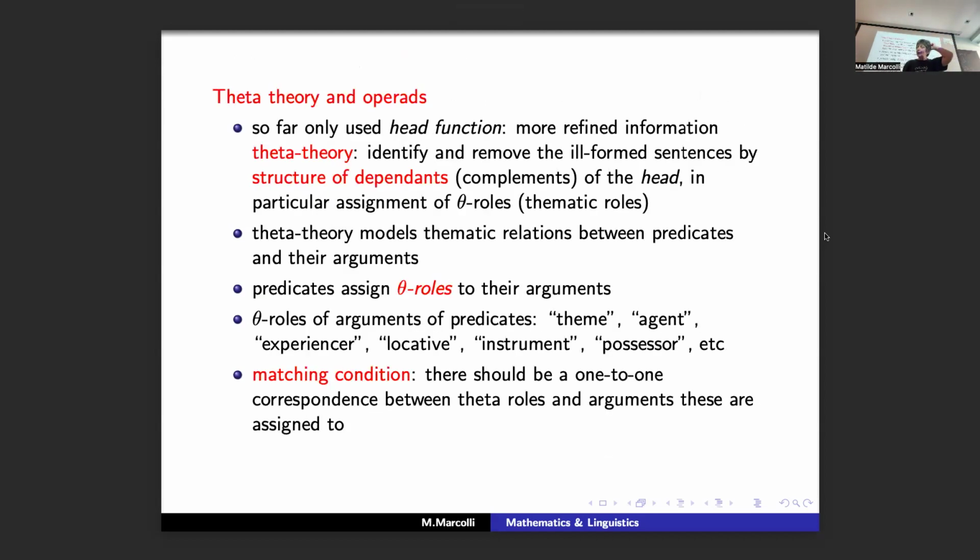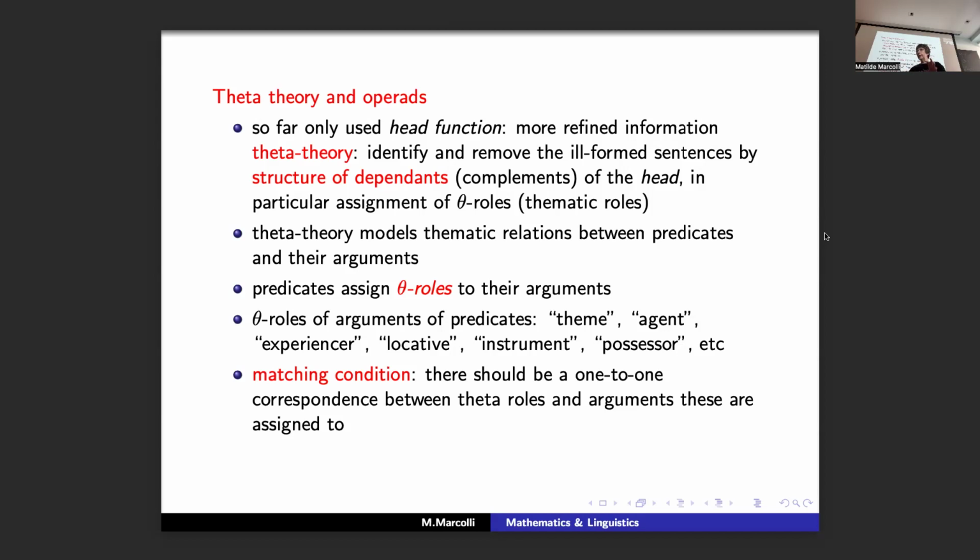Okay, so now in what sense is this point of view useful to think in terms of these theta roles and theta theory? One way to think about these theta roles is the fact that when you combine things together in your structure, the theta roles have to match.